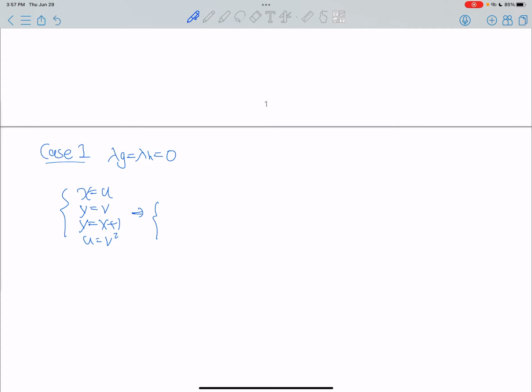It's much easier now. So y equals x plus 1 just becomes v equals u plus 1, since y equals v and x equals u. And the last one is just u equals v squared. So plugging this into the upper one, we get v equals v squared plus 1, okay? And rearranging, v squared minus v plus 1 equals 0.